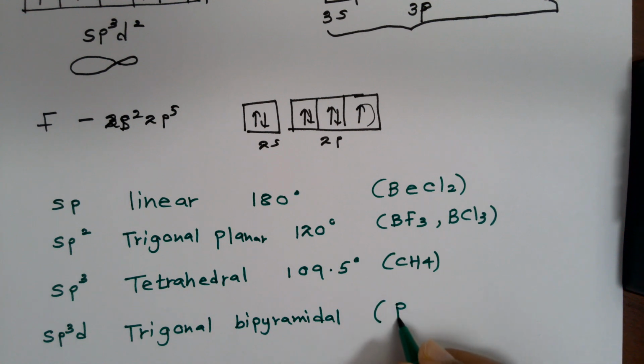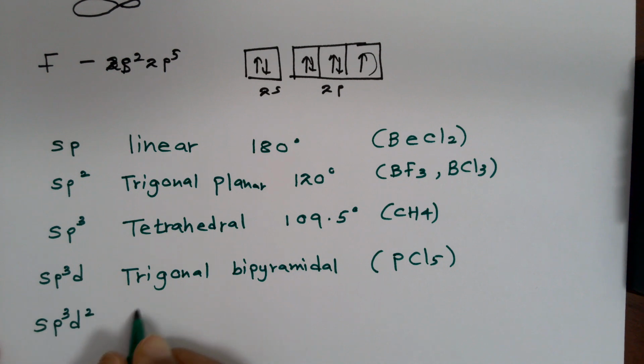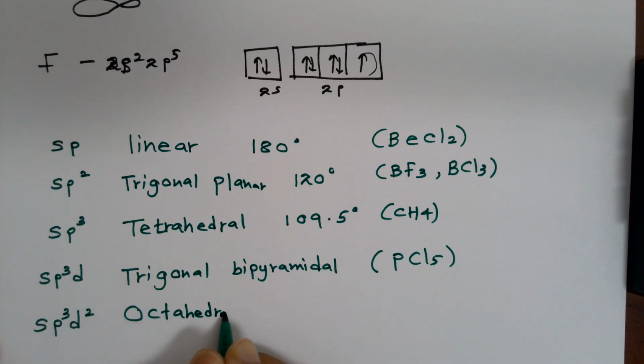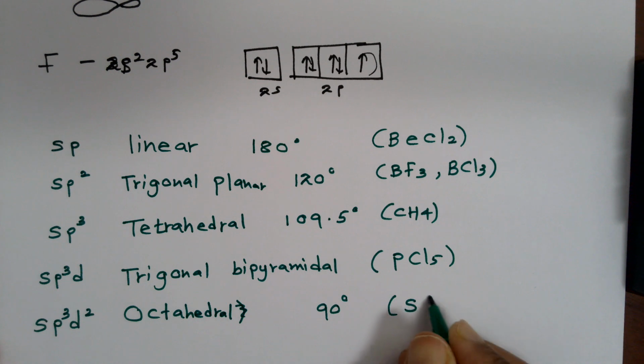So examples PCl5, PF5. And last one we discussed octahedral molecules, that is sp3d2 type. It is octahedral. So octahedral bond angle is 90 degrees. Example sulfur hexafluoride, SF6.